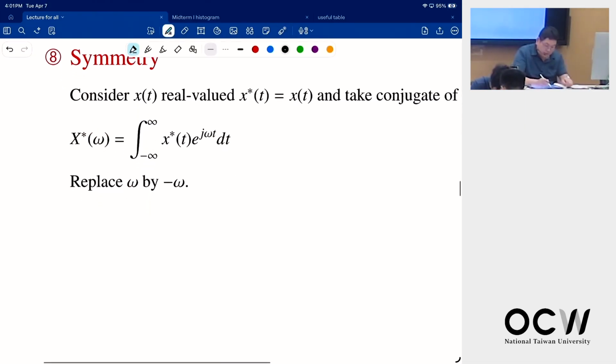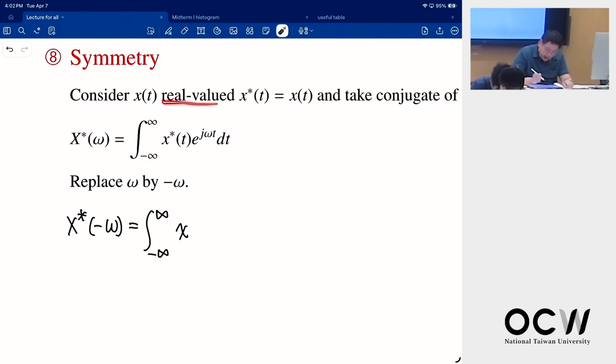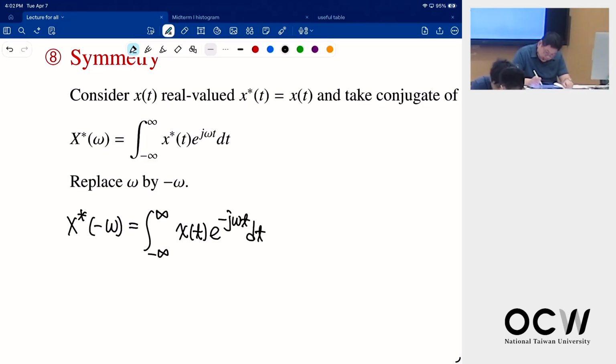Therefore, we get X conjugate of minus omega equal to, because the signal is real valued, still x(t) e to the minus j omega t dt.